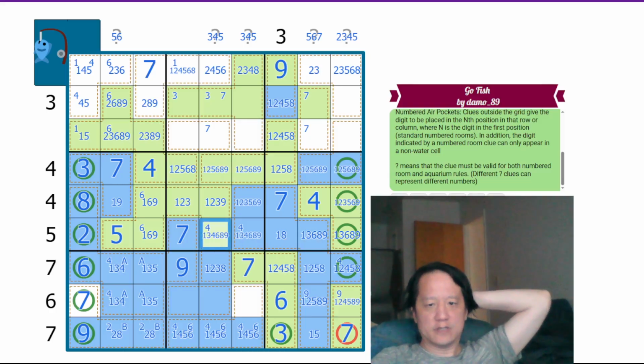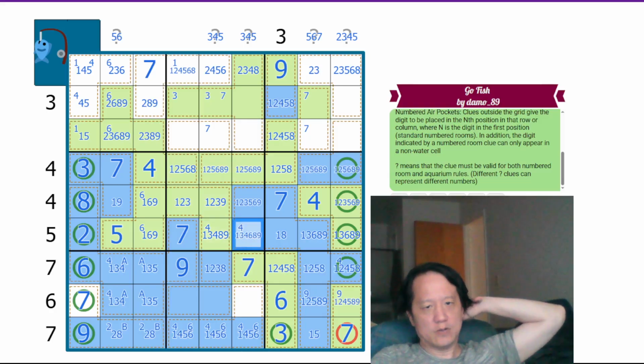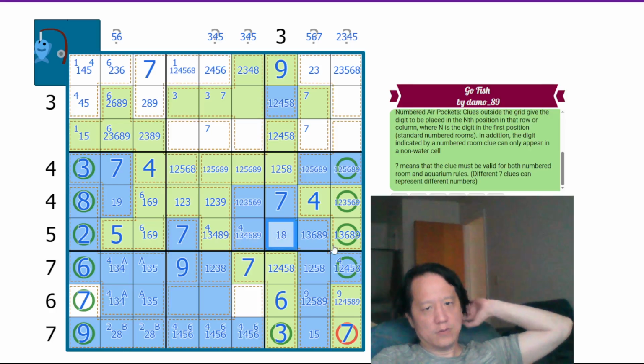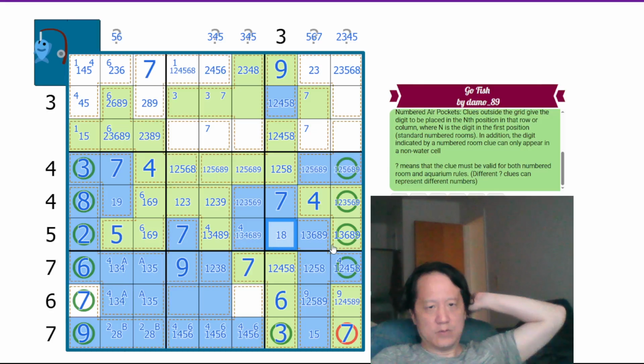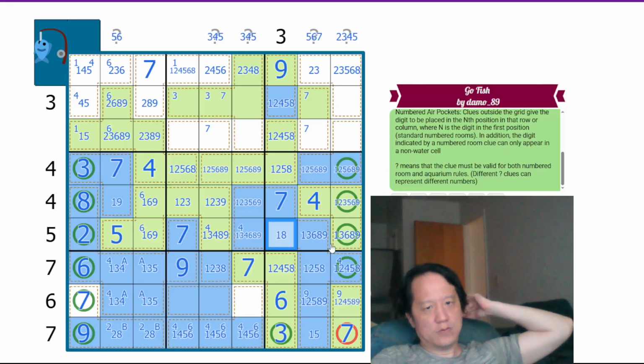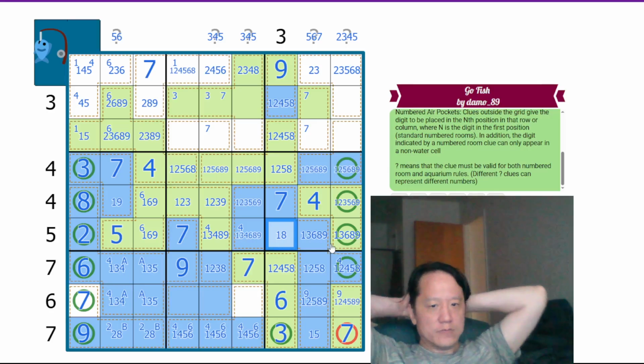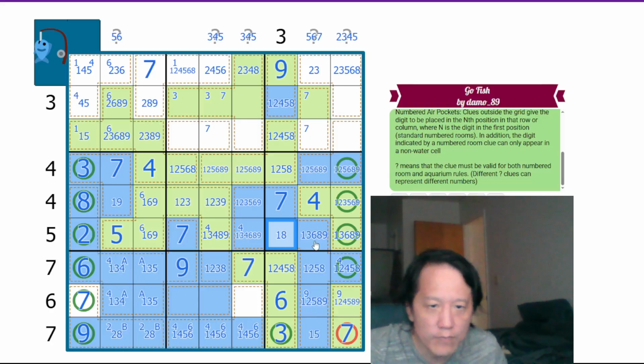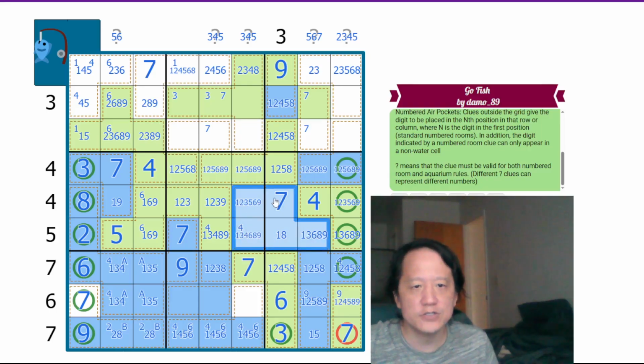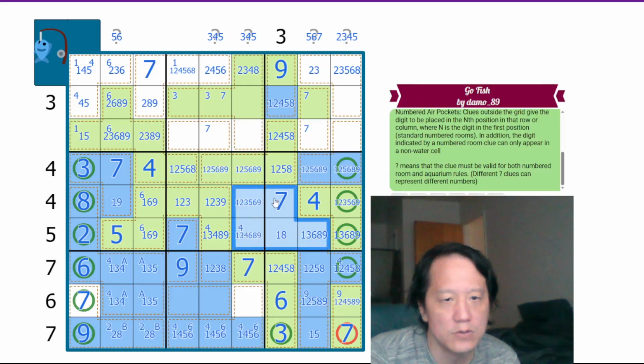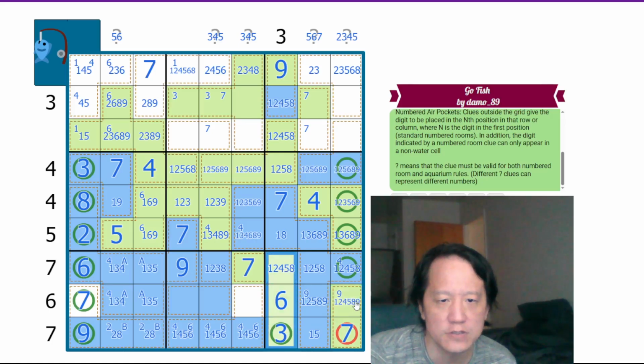6 eliminates 6 from the rest of this cage, so no 6 there. Oh. These digits here have to be equal to all 5 of these digits here.